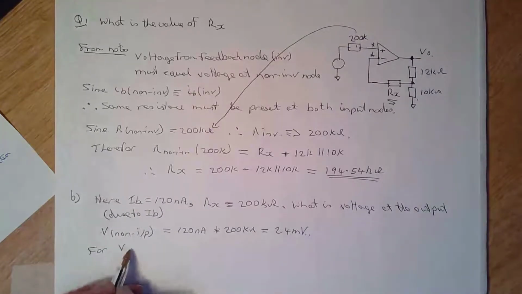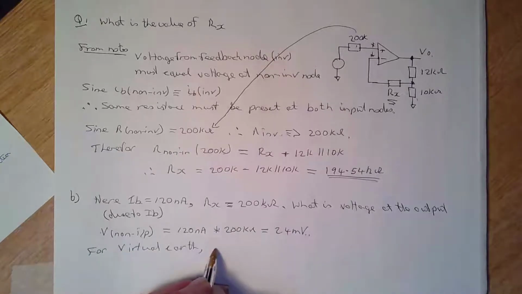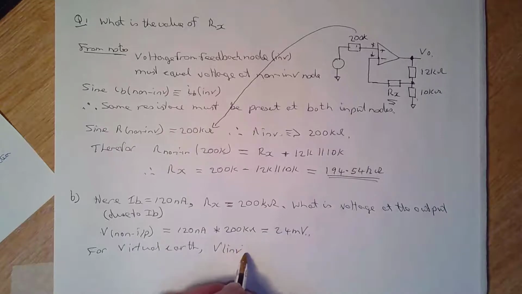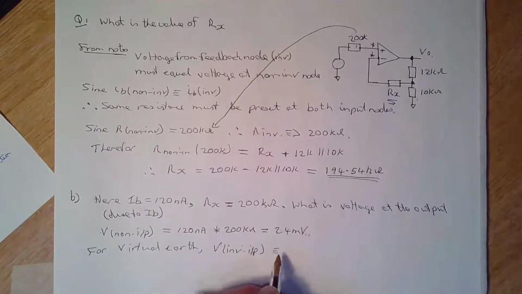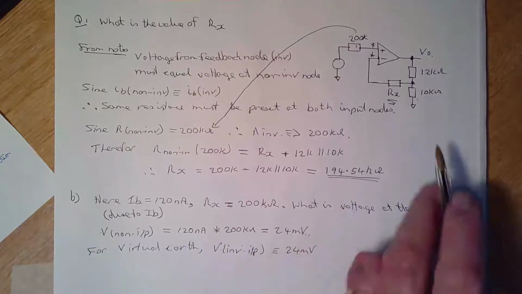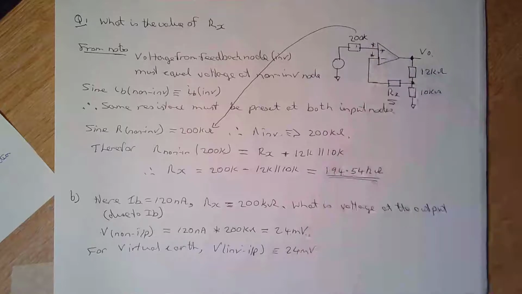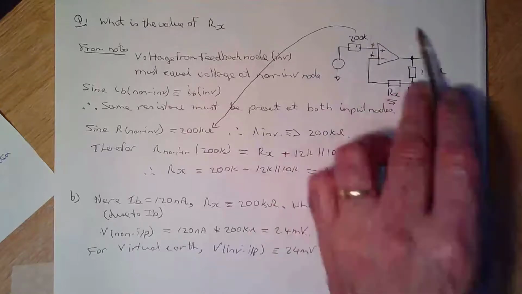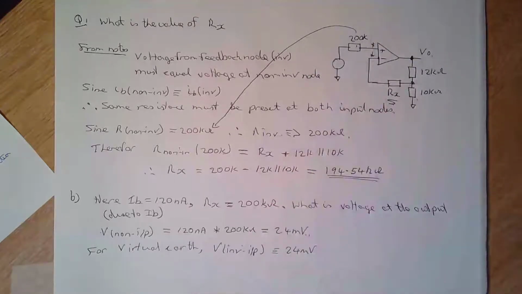For virtual earth, V inverting input must equal 24 millivolts too. In other words, these two input voltages must be the same for this amplifier to be operating in a correct and linear fashion.